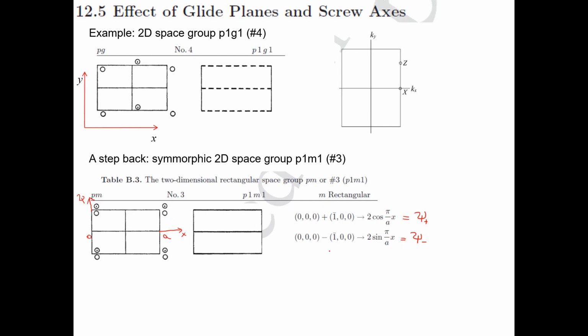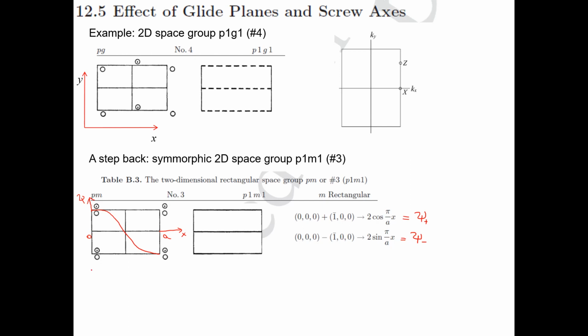But remember, it is a cosine of pi over a, so the wave function switches sign, right? Because I'm talking about the x point, so it should switch sign when I travel by a lattice constant a along x.